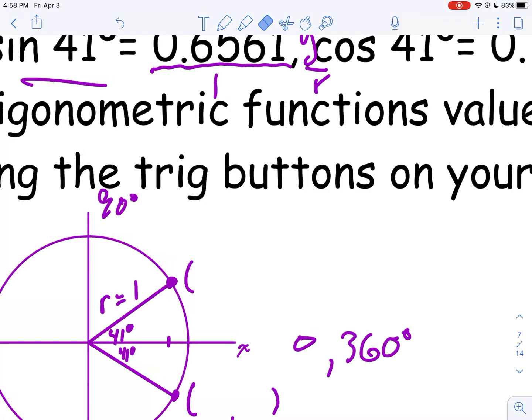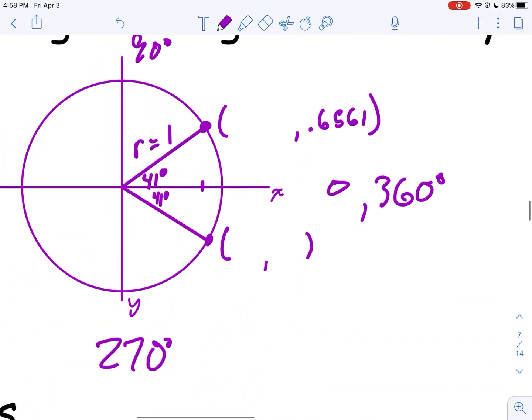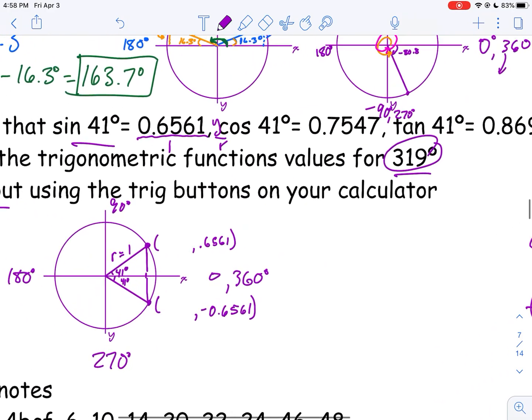Should make that bigger. Which means, what's my y value down here? If this distance is 0.6561, and these angles are the same, maybe it's not quite the same in my picture. Better than my board drawings, though, I would say. This has to be negative 0.6561 because it's going down.